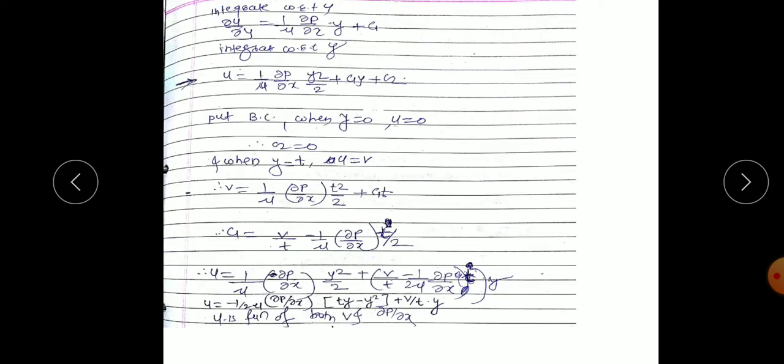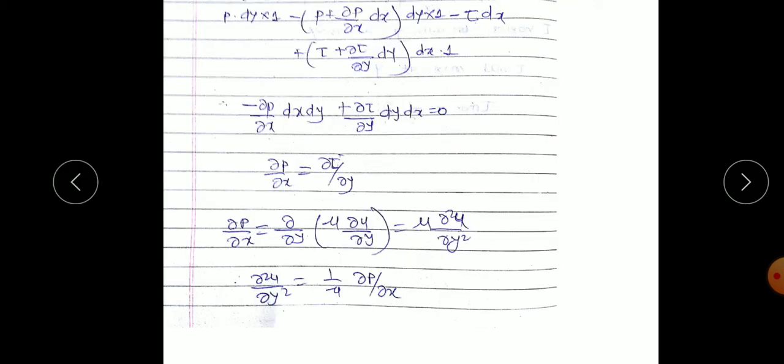So d squared u by dy squared equals 1 by mu dp by dx.